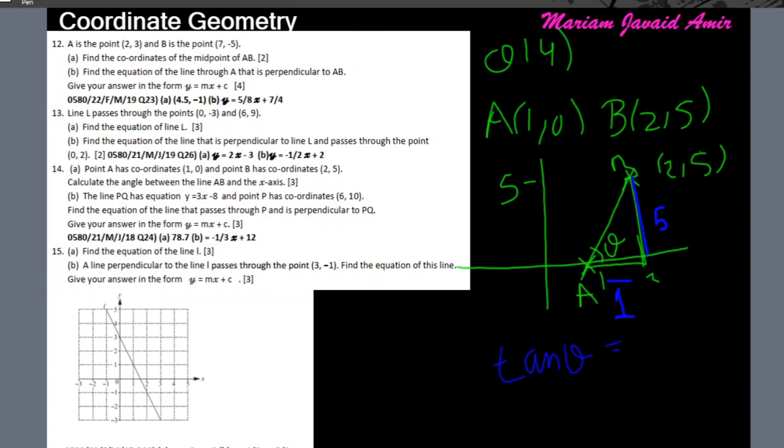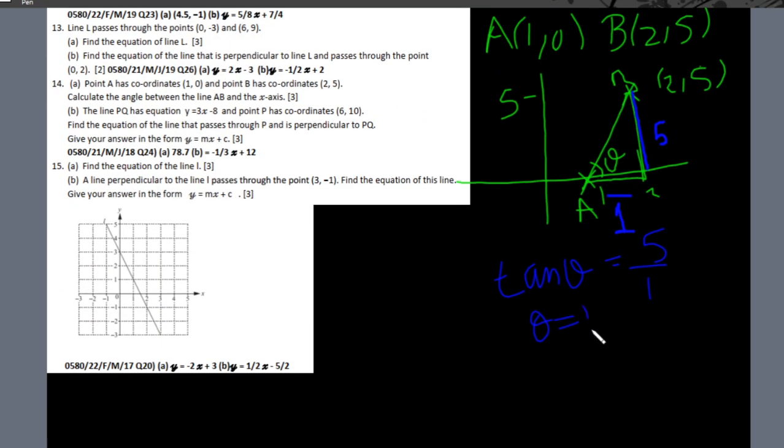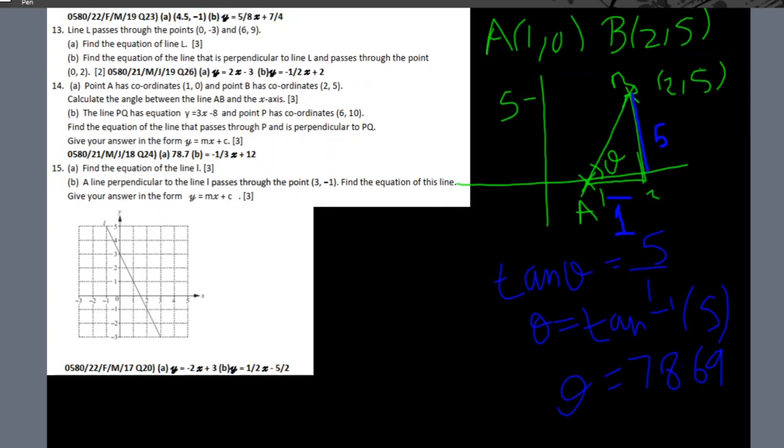Tan theta is equal to perpendicular over base, so theta will be tan inverse 5, which gives us 78.69. So the rounded off answer is 78.7.